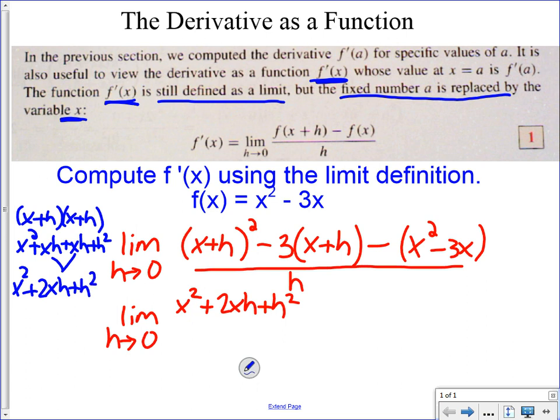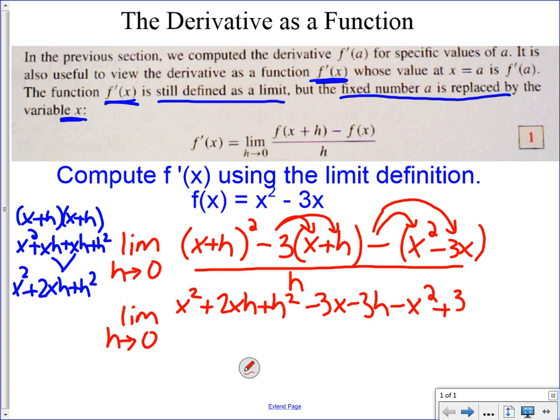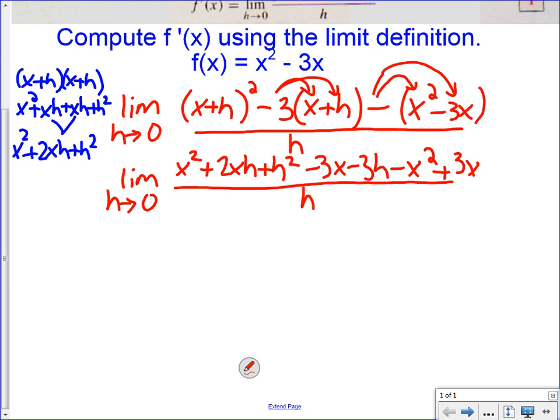Then I'm just going to distribute my negative 3 here. So that'll become minus 3x minus 3h. And then I'm going to distribute my negative, so this will become minus x squared plus 3x. And again, remember, right now that's all over h. Let's see what we can simplify in the numerator. Things should start simplifying.